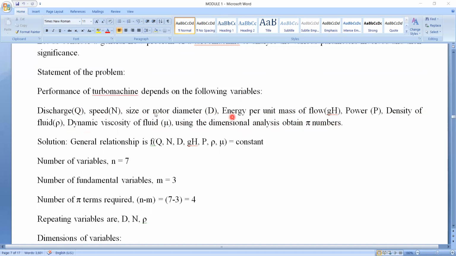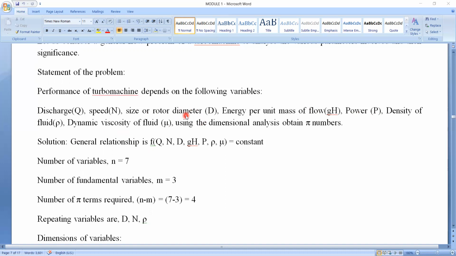Here we have 1, 2, 3, 4, 5, 6, 7 variables, and for these 7 variables we have to get the number of pi terms, the dimensionless terms.